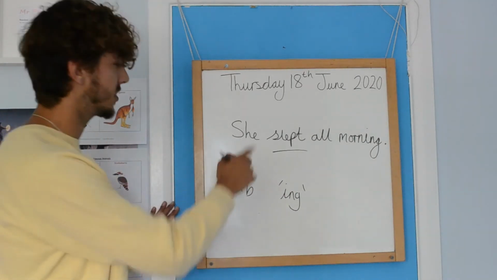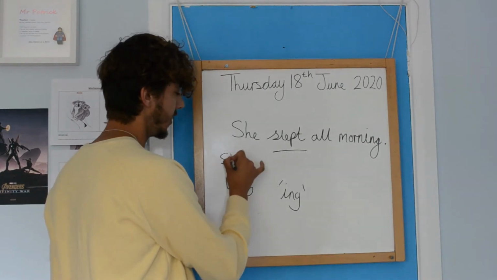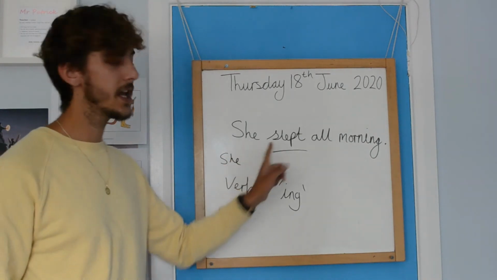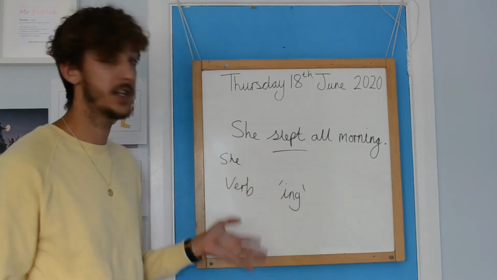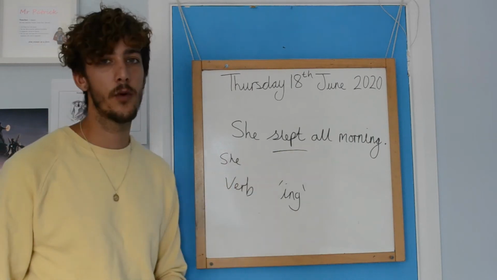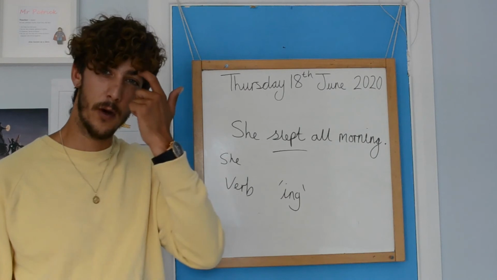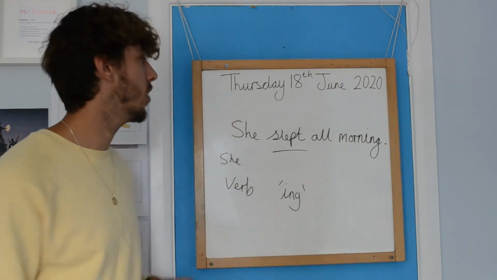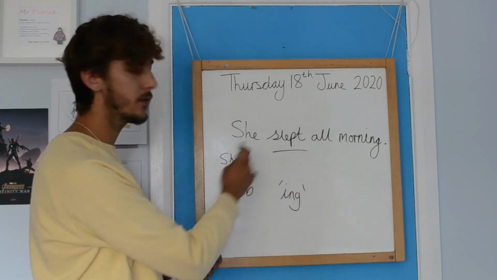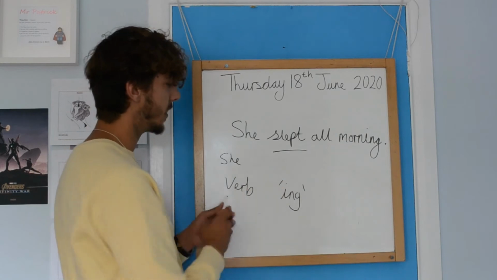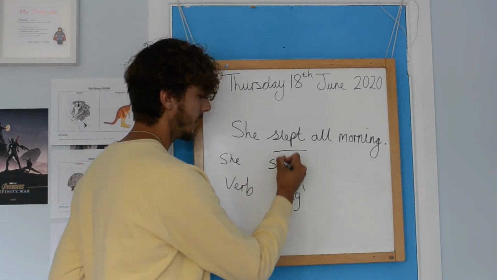So we can change our sentence to she. Now if I change slept to sleeping, she sleeping all morning, it doesn't make sense. So there's another word that we're going to have to add in there as well. What word or where would that word go? So let's write that.